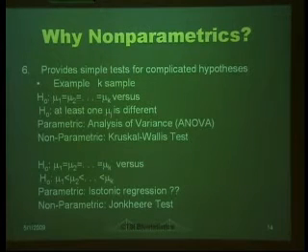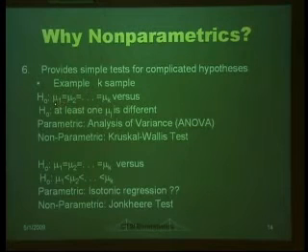Another reason I really like non-parametric statistics is that they can be used for very complicated hypotheses, more complicated than you can do with classical statistics. A good example of this is the problem of comparing k groups.